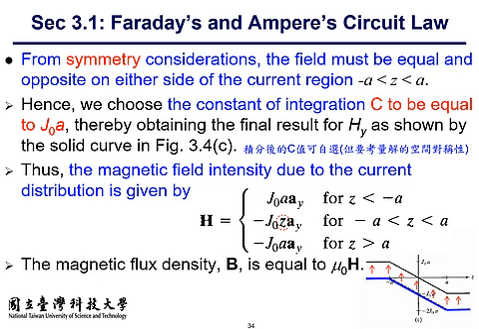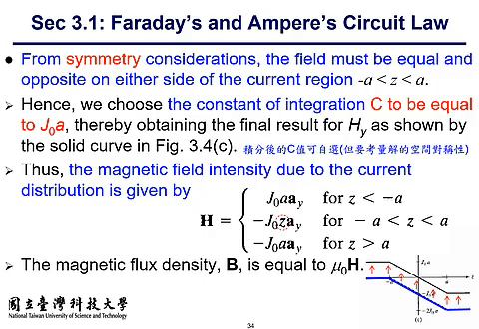So then it comes to the determination of the constant c. Because this is an integration, in fact you are free to choose the magnitude of c, the constant of integration.